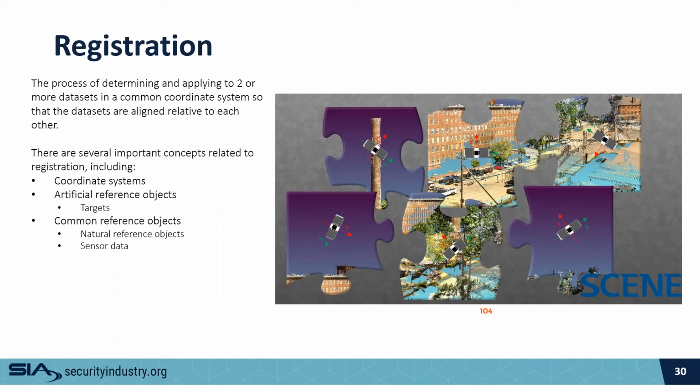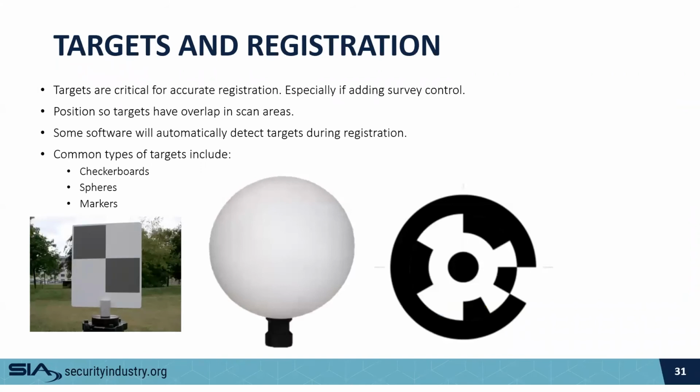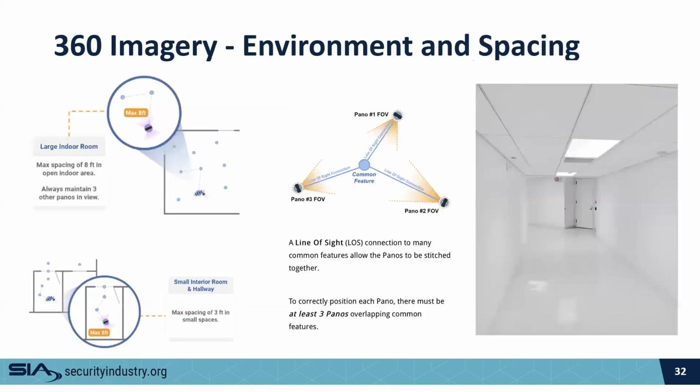The level of accuracy your project needs will dictate the types of sensors we use, whether LiDAR or photogrammetry, because there can be a major cost difference based on the level of accuracy and what we're going to use the data for. Some examples of targets are checkerboards, spheres, and other types of markers. You may see these on scenes. They give a specific coordinate point that lets us tie visual information to other visual information.